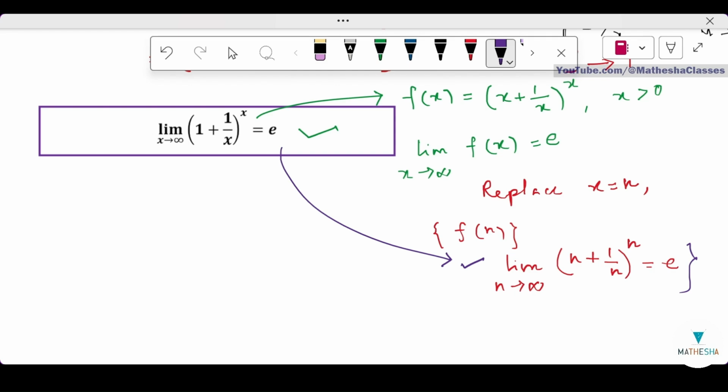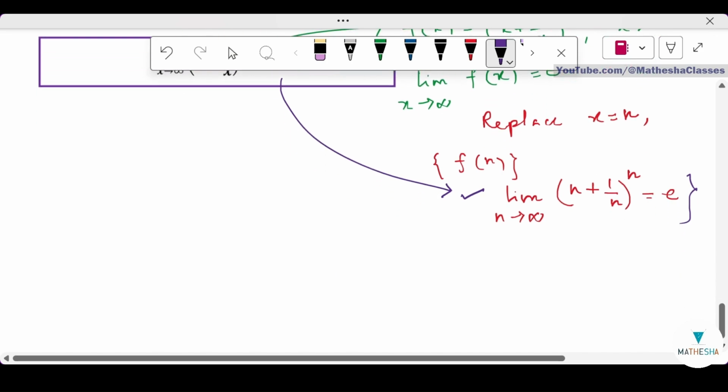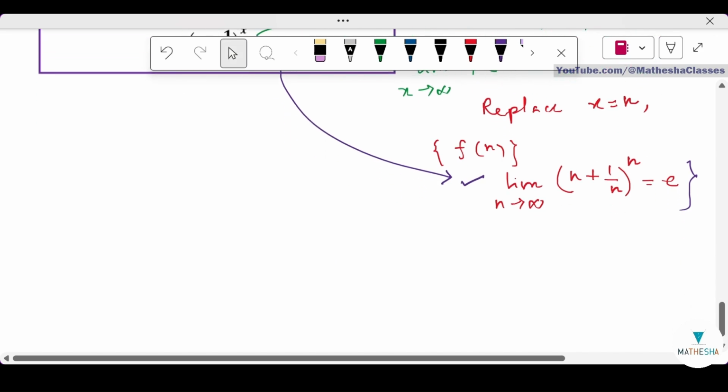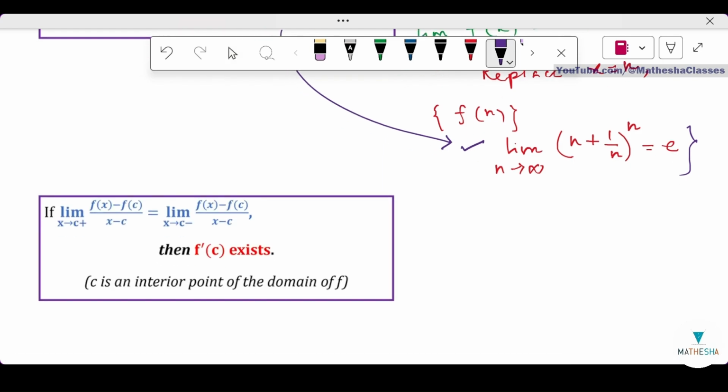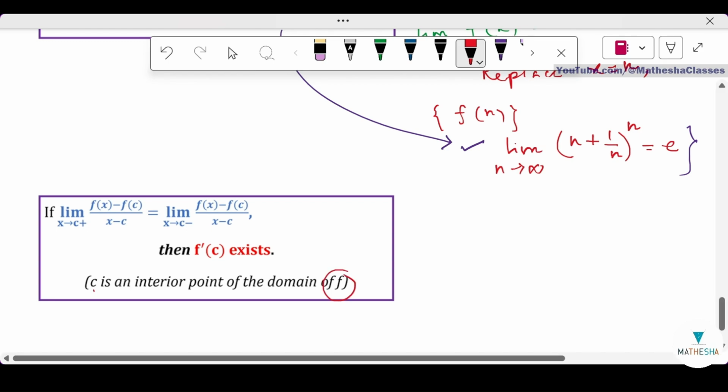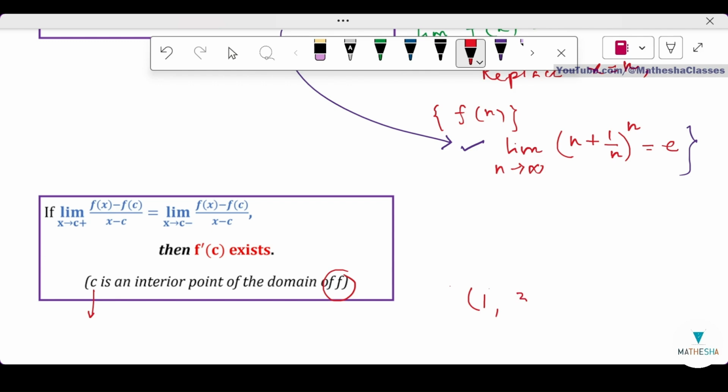Let us now move to the part of differentiability. The required result from differentiability starts with the definition. Suppose you have a function f और c उसका एक इंटीरियर पॉइंट है. जैसे if you are considering say the open interval (1, 3). अब (1, 3) के अंदर if you consider the point 1.7, तो डेफिनेटली 1.7, 1 और 3 के बीच में एक पॉइंट है.